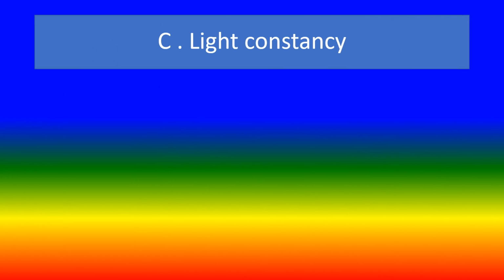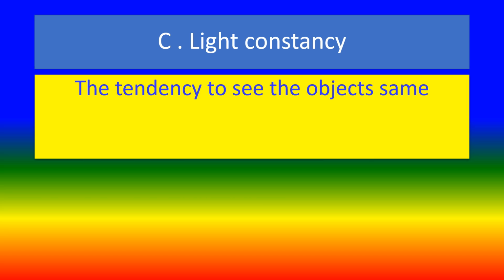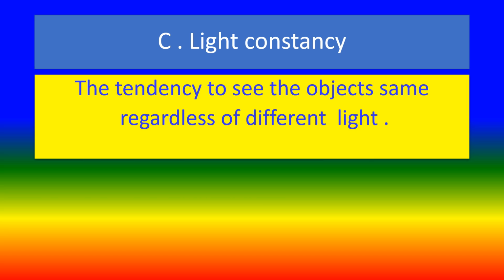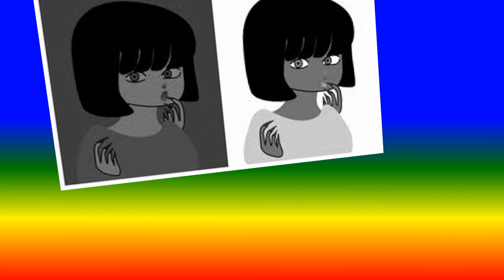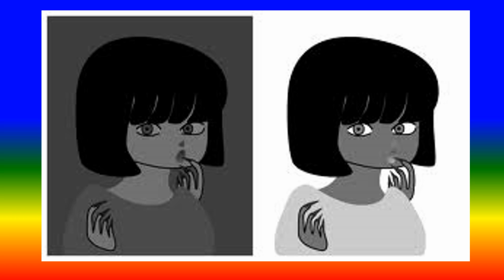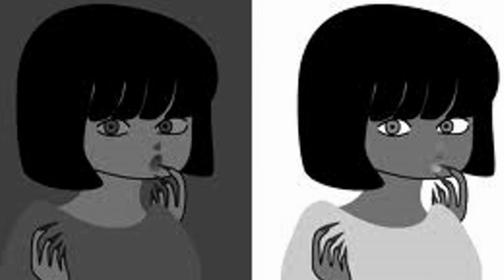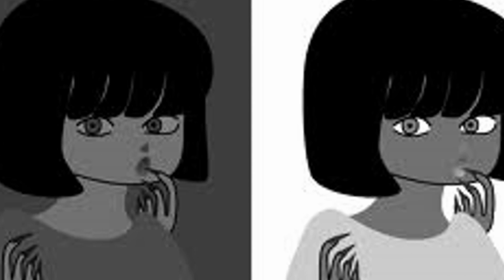C, light consistency. The tendency to see the objects as the same regardless of different light. Look at this picture. Different pictures going to see.